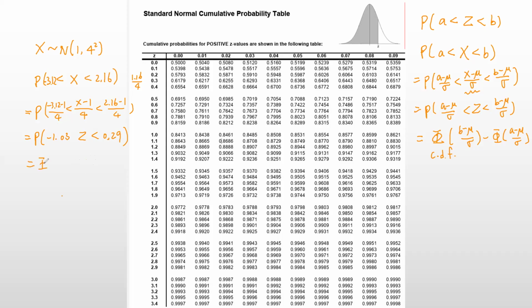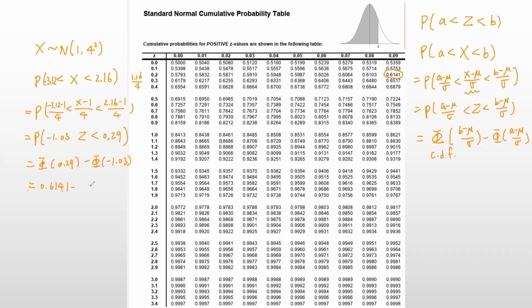That's phi of 0.29 minus phi of negative 1.03. This one is pretty easy, 0.29, which is here.